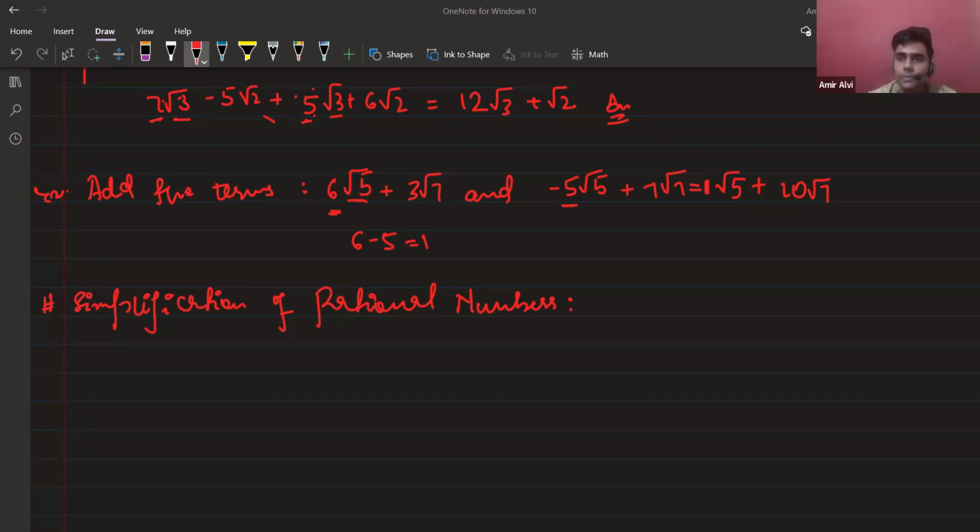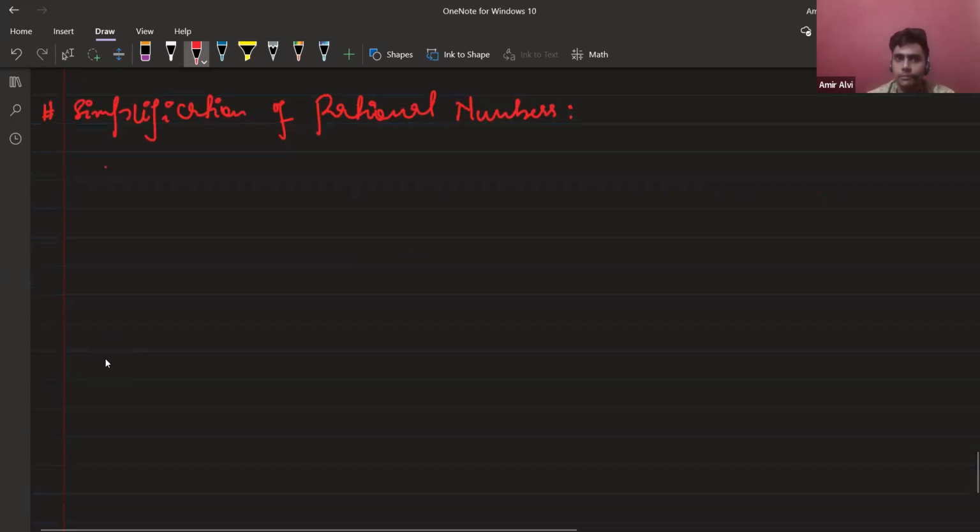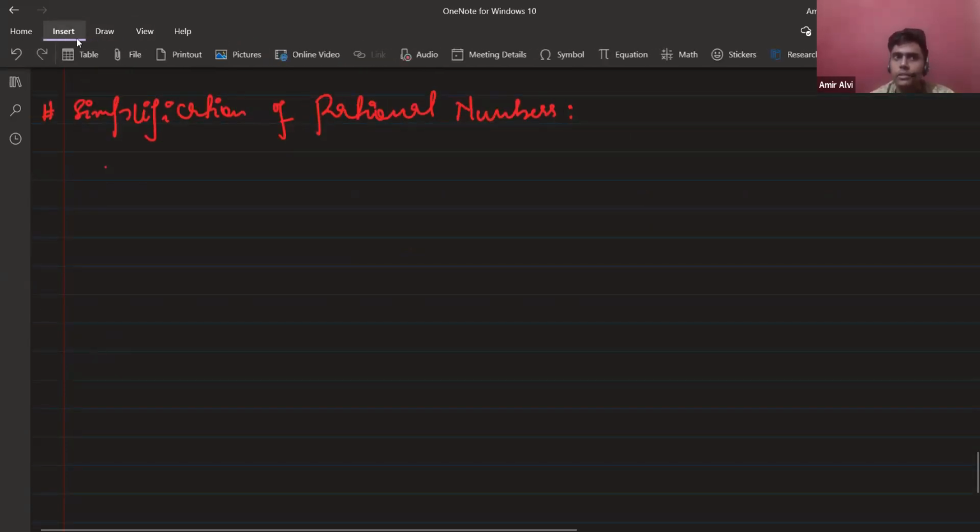A square plus b square plus 2ab. Yes or no, Simrat? Yes. Very good. So please revise these identities before coming to the next class. Okay, Simrat? Yes. Very good.